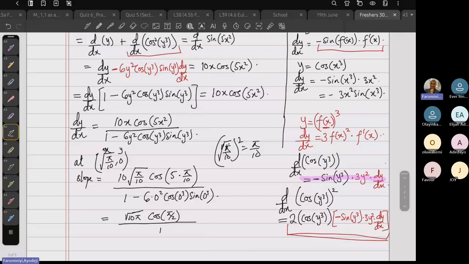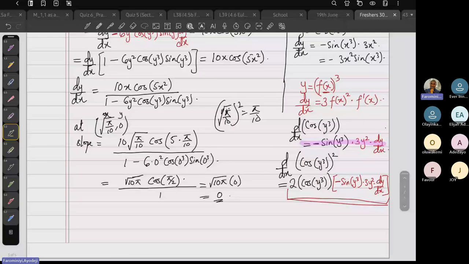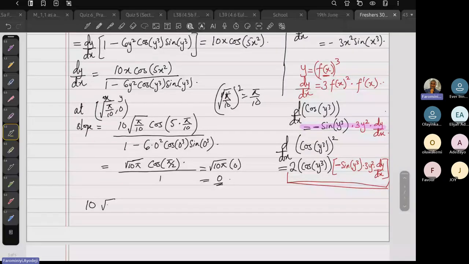And what is cos pi over 2? Cos pi over 2 is 0. So this is square root of 10 pi times 0, so everything is equal to 0. How did I get square root of 10 pi? 10 times square root of pi over square root of 10, and 10 is the same thing as square root of 10 times square root of 10.